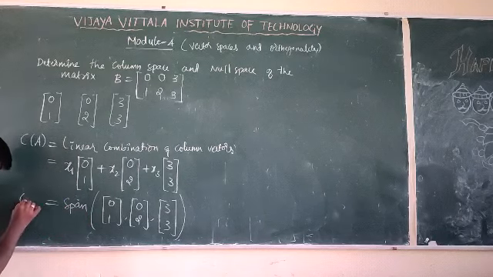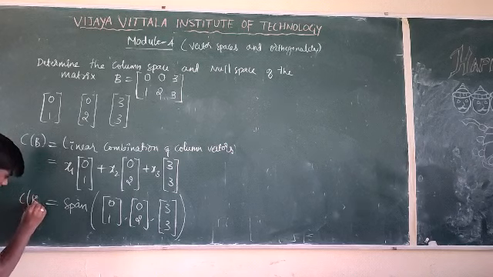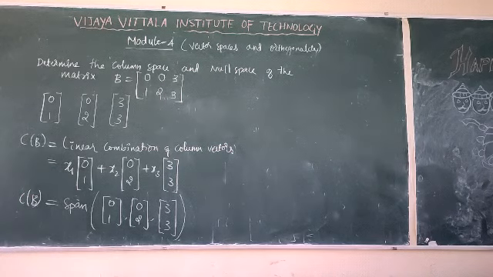This is our column space for the given matrix B.